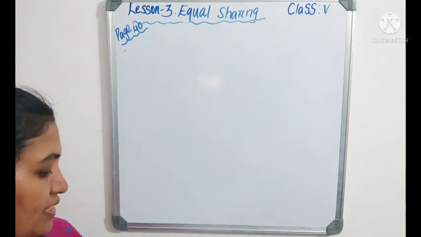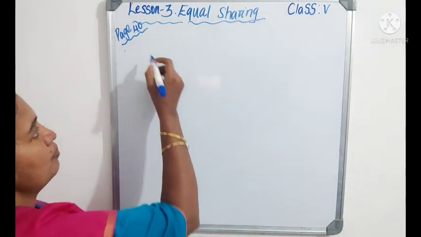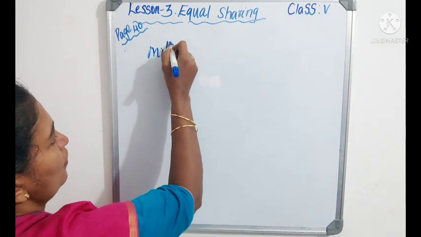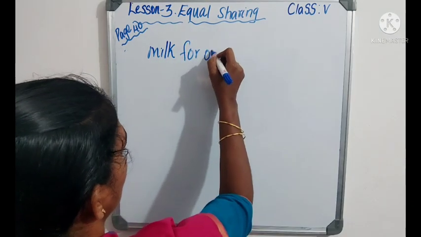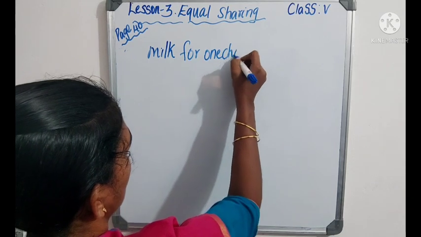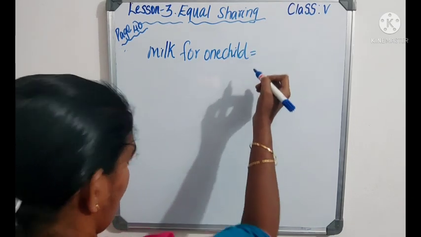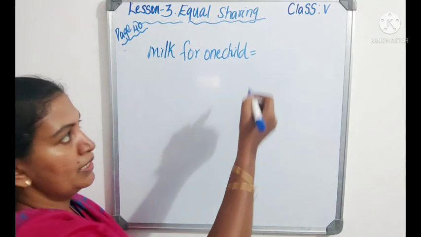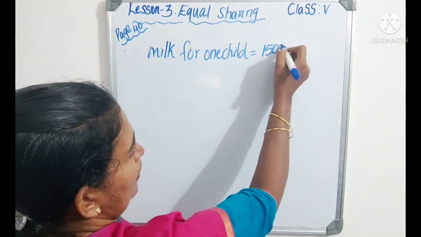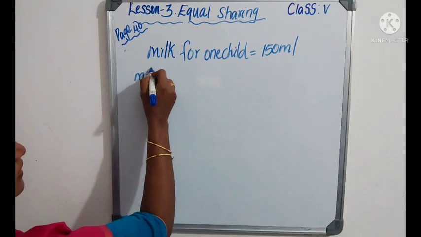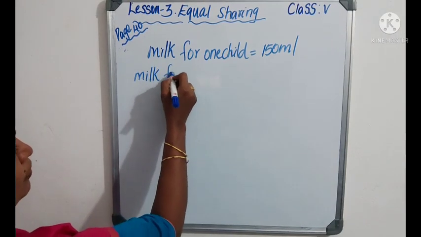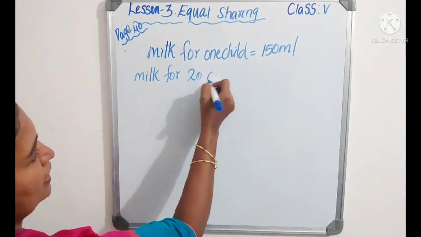Okay. So first we will write the steps. Milk for one child is equal to 150 ml. Next, milk for 20 children.